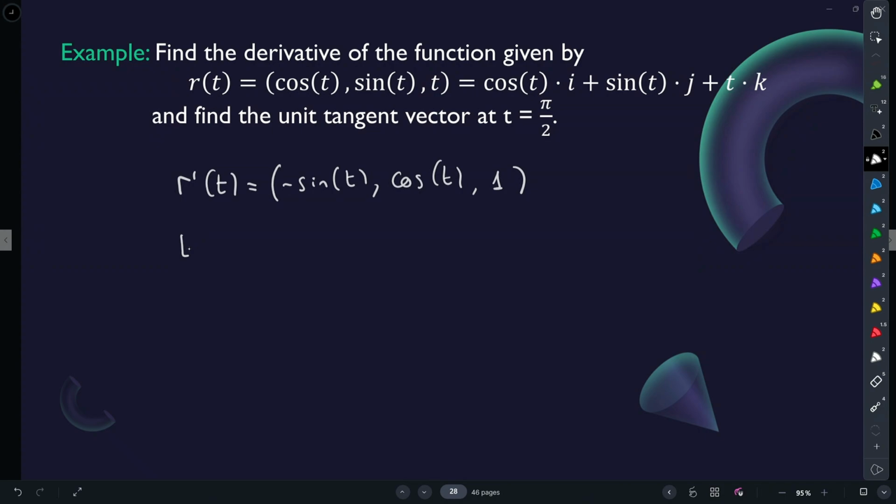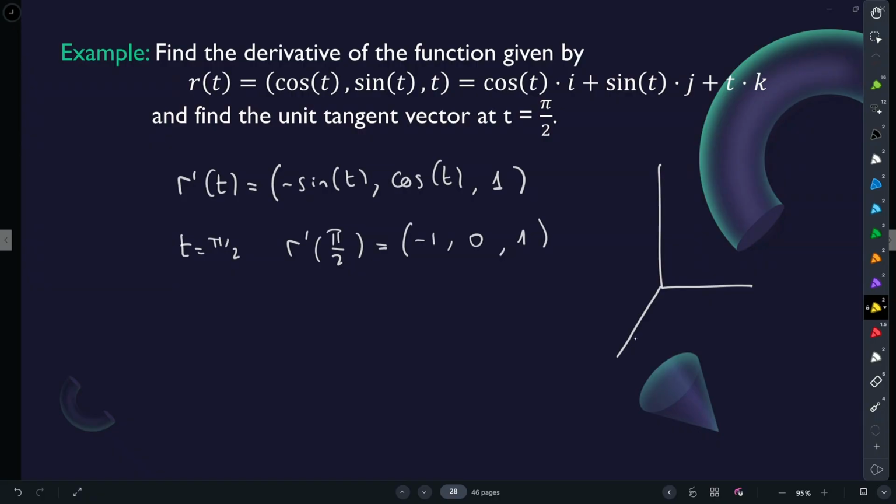So what happens if I evaluate at pi over 2? Sine of pi over 2 is 1, so I get minus 1. Cosine of pi over 2 is 0, and 1. So let's see if that matches our intuition of this helix. We started here, and then it goes up here.